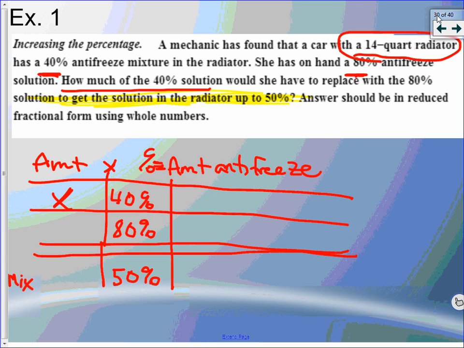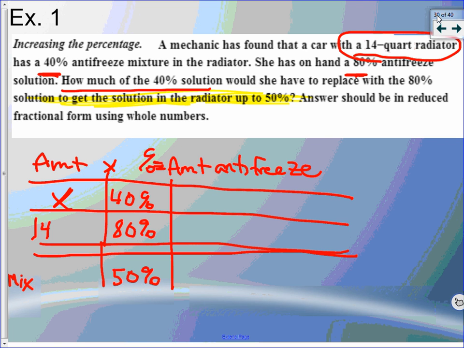Not percent, but how much? What amount? 14. So if I put in X, how much more do I have to put in to get 14 total? But if I have X quarts in there, 14 times X?